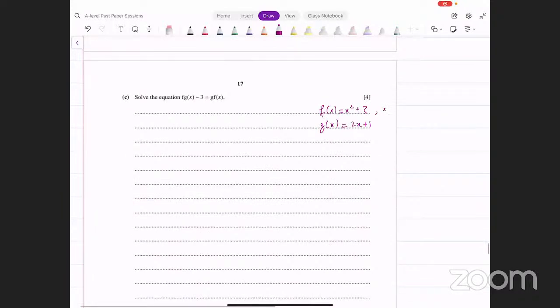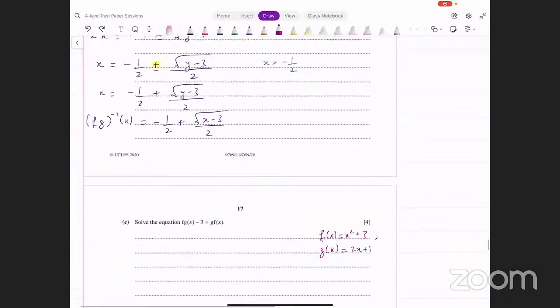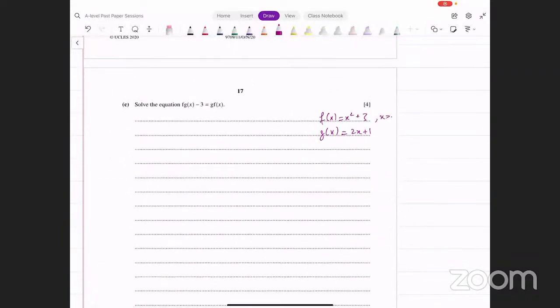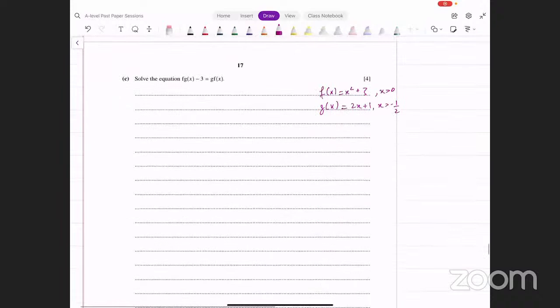Let's also write down their domains. What was the domain of f? It was x greater than 0. And what was the domain of g? It was x greater than -1/2.